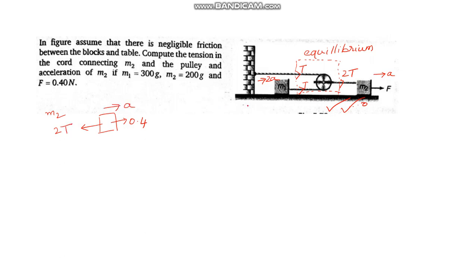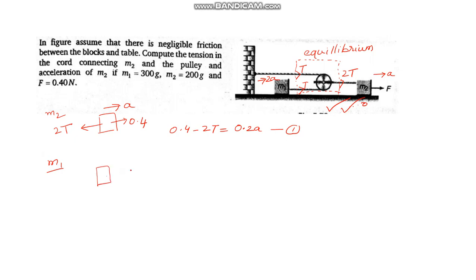So because the force is applied towards right, we can write 0.4 minus 2T is equal to M2 into A. M2 mass is 0.2 into A. So this is equation 1. Now we'll draw the free body diagram for M1.